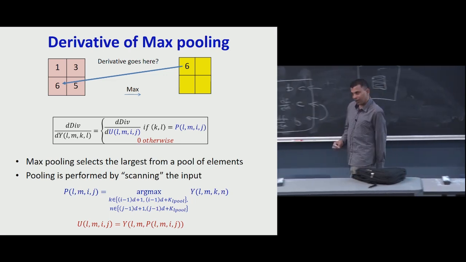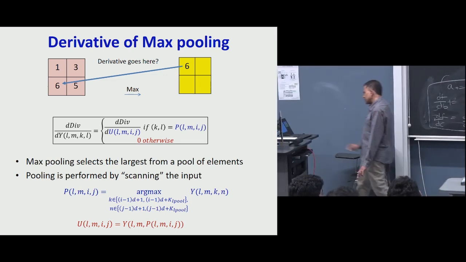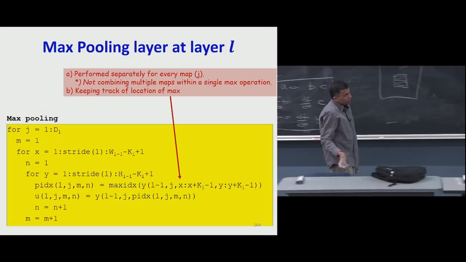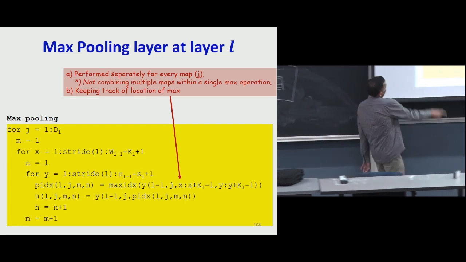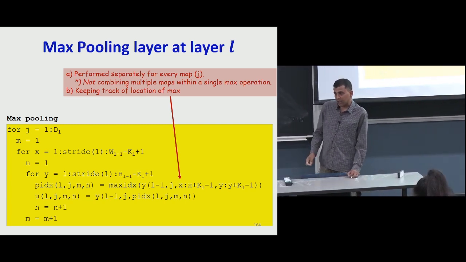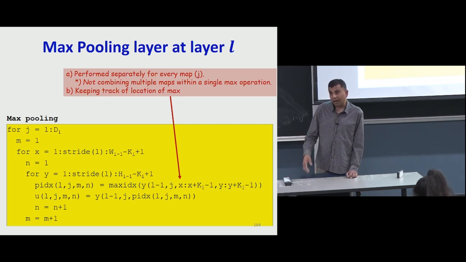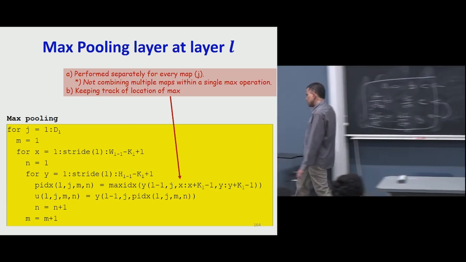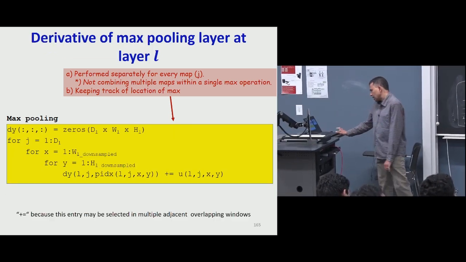Make sense to everybody, right? So if I were to write pseudocode for this, it's very trivial. In the forward code, when you're doing max pooling, you're keeping track of the locations of the max position at each point. And then you're just reading the y's at the max position. In the backward code, you would just contribute.